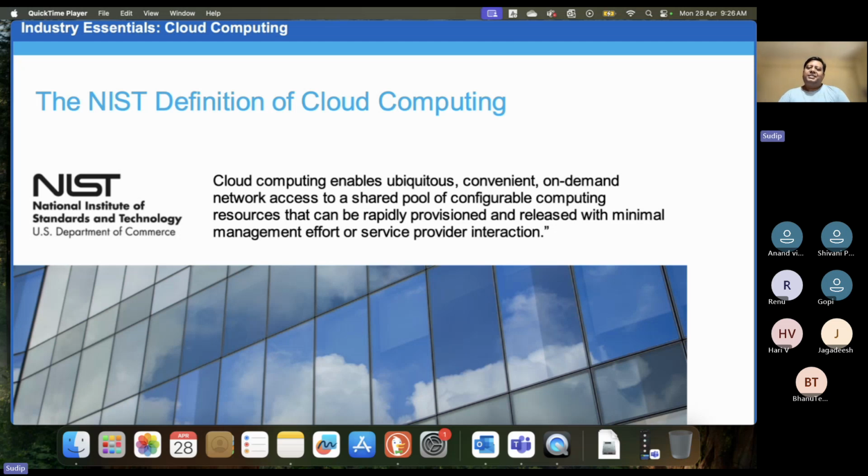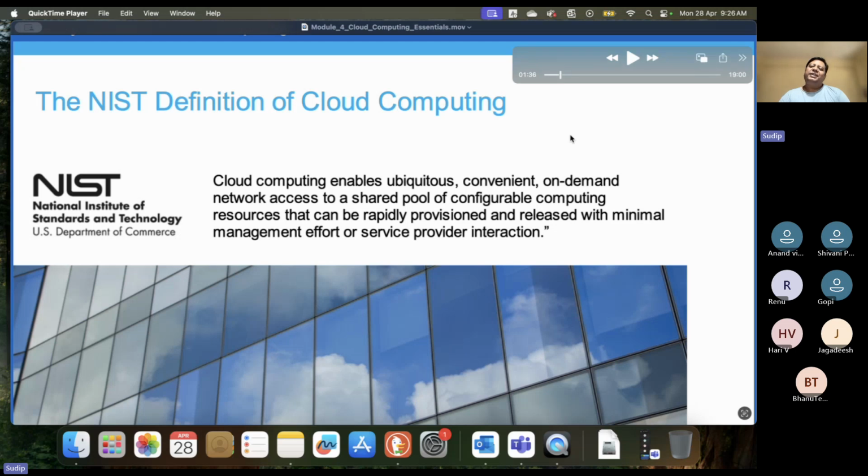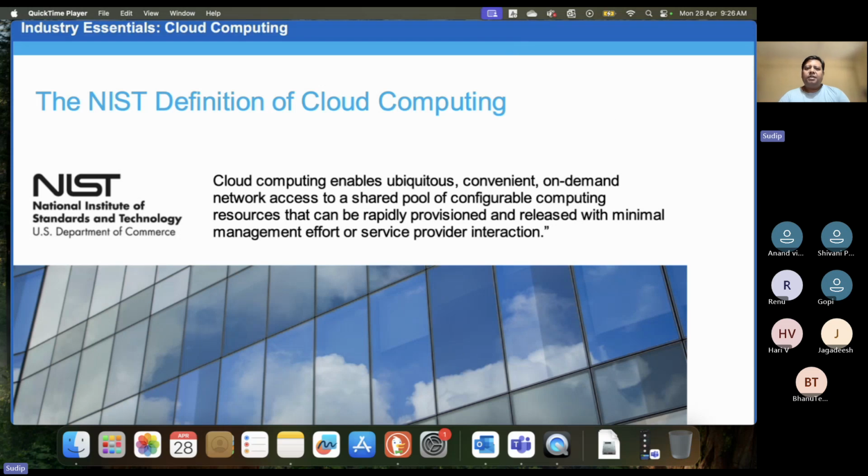Now, a lot of English. So let me try to simplify this in simpler terms with the help of an example like a mailbox. We understood that email is nothing but a workload running on certain servers, right?